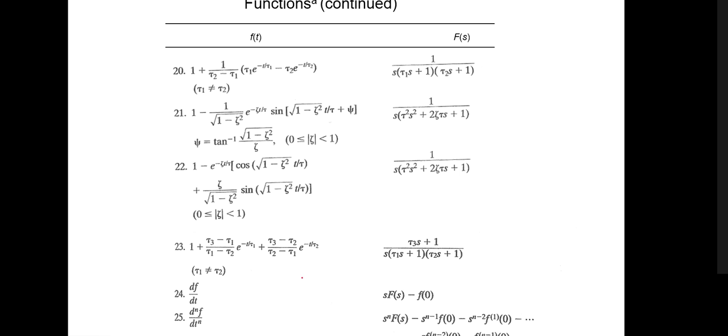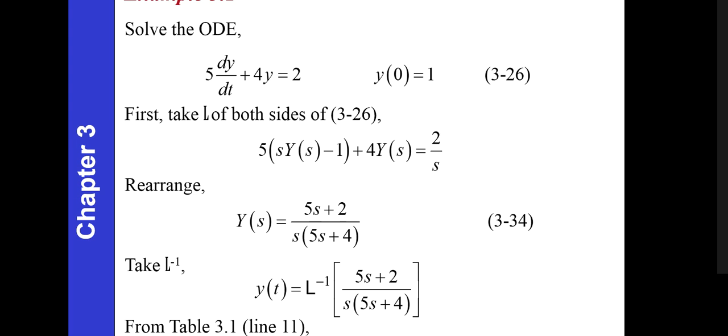So here at the bottom we have 24, 26, the formula for differential equations. So first order, second order, or any order. So that is the formula. Here you have an ordinary differential equation: first order derivative, 5 dy over dt plus 4y is equal to 2.